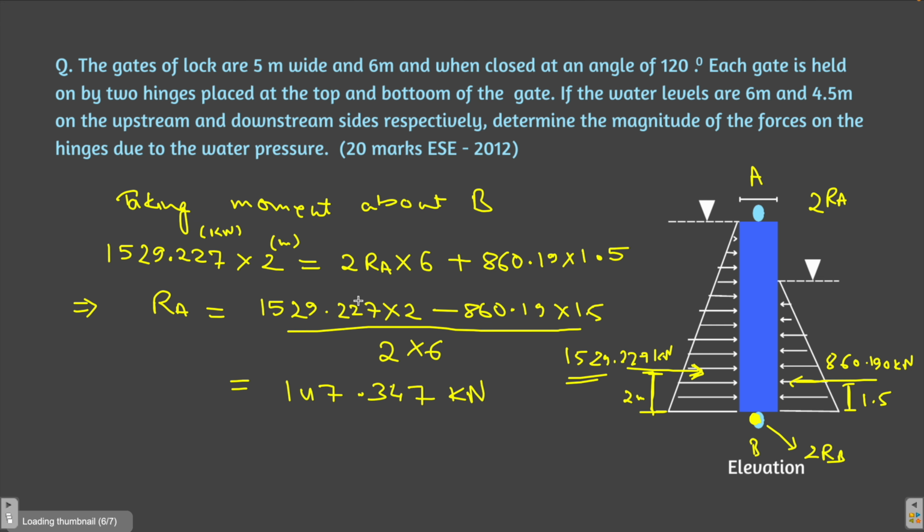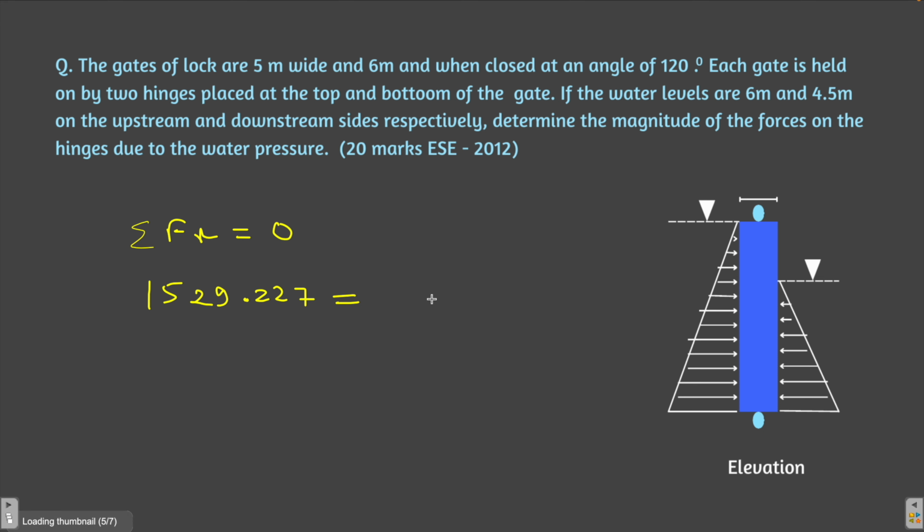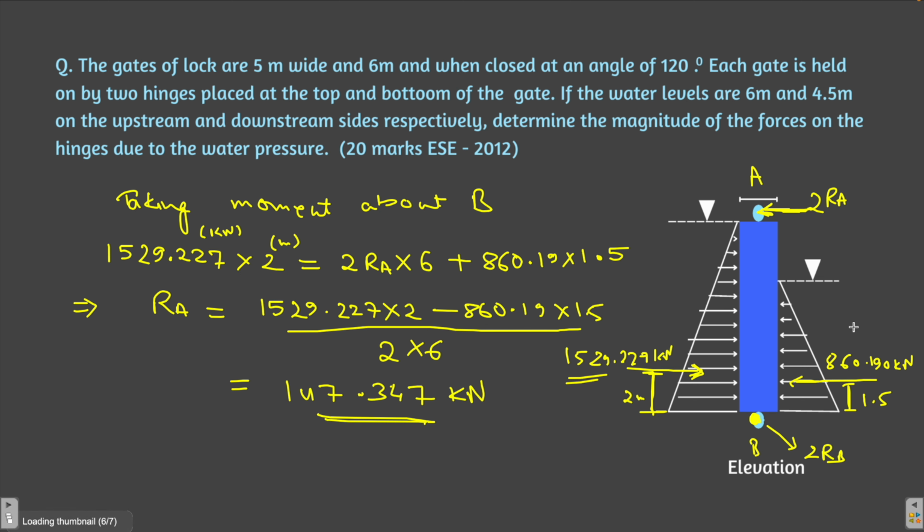What is the force in the opposite direction? So this was the reaction. So 2 into reaction, it is acting on this side. Sorry, I didn't mention that this reaction was acting on this side. So 2 into RA means 2 into 147.34, this is acting, plus this force which is again acting along the negative x-axis.